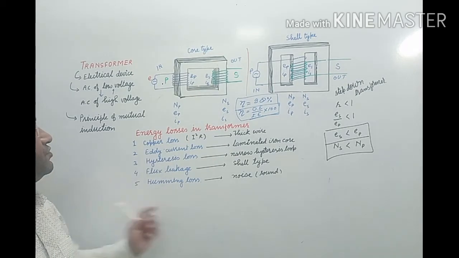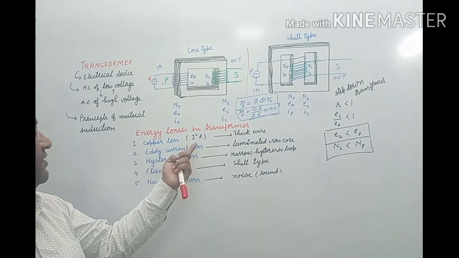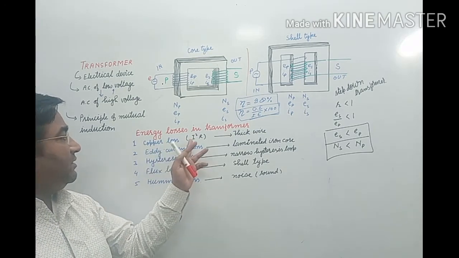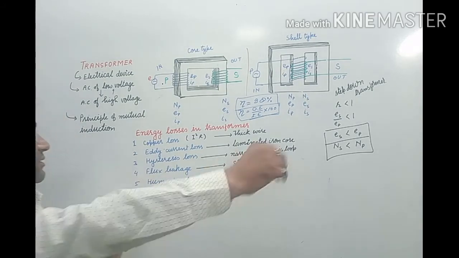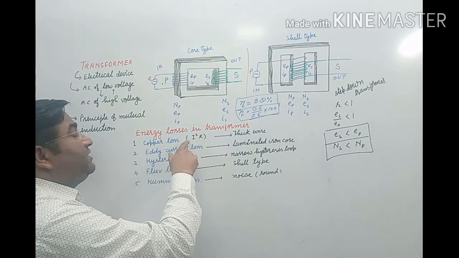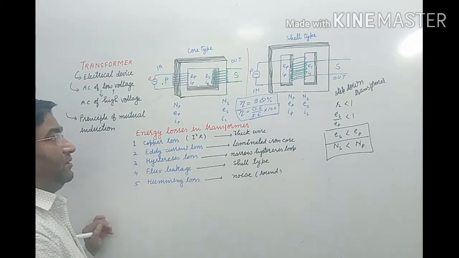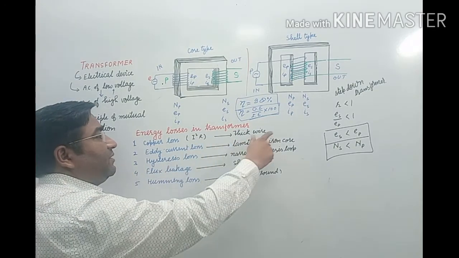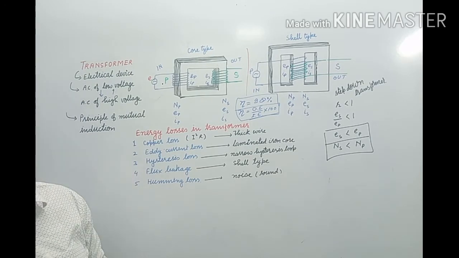When current flows through the copper, heat is produced, equal to I square into R. The heat released by the transformer is given by I square R. We can minimize this heat loss by taking thick copper wire.